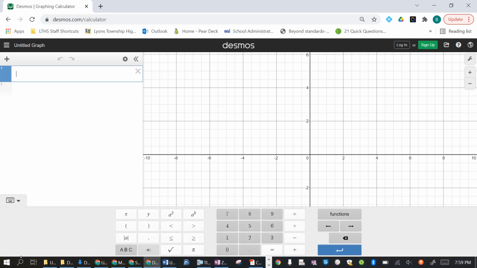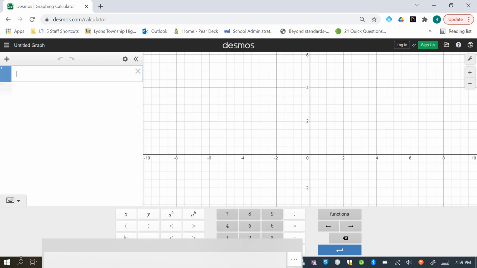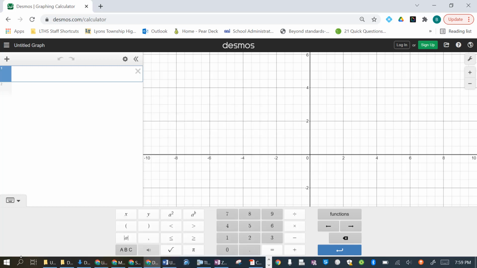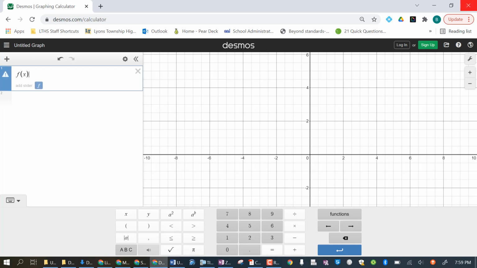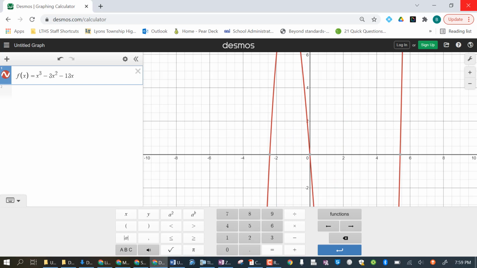I can make this keyboard expand here. So I'm going to type f of x equals x to the third minus 3x squared minus 13x plus 15.